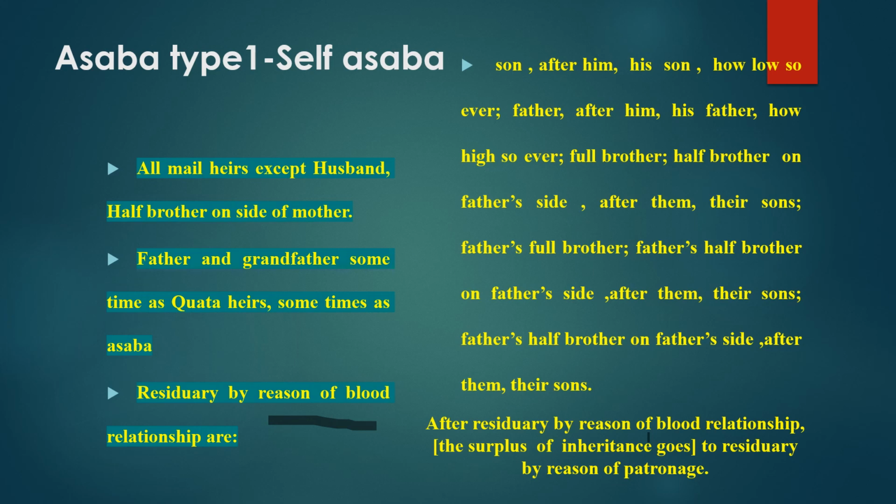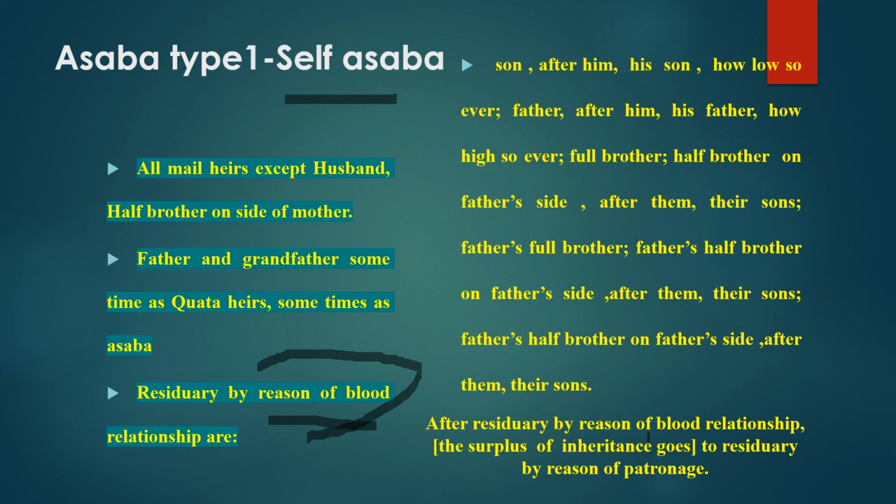So this term is to separate the self asaba from the master and slave list. Anyway, the first type is self asaba, asabatum bin nafs.